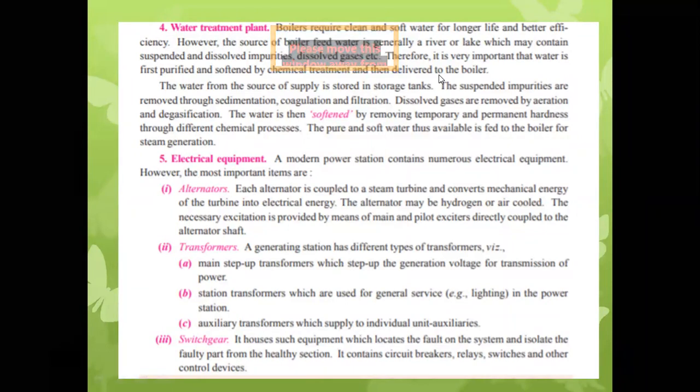Then the transformer. As we know, the transformer can be used for three purposes generally: for isolation, and for stepping up and stepping down the voltage level. These are the three basic purposes for which we use the transformer.